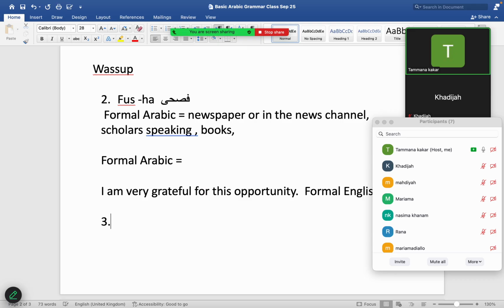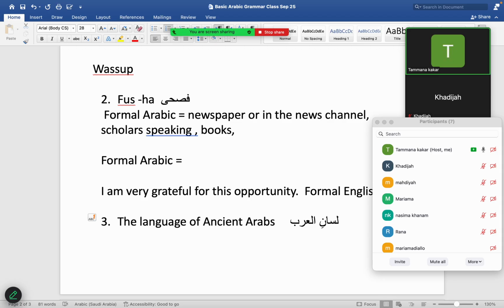Now the third one is the language of ancient Arabs. It's called Lisanul Arab. Lisan means language, and Arab is Arab.